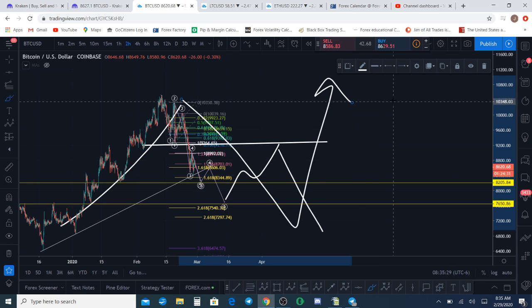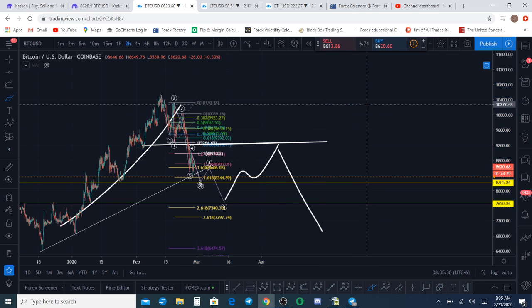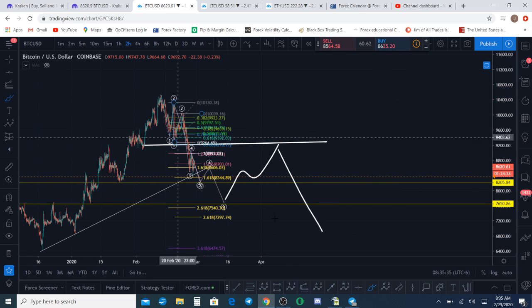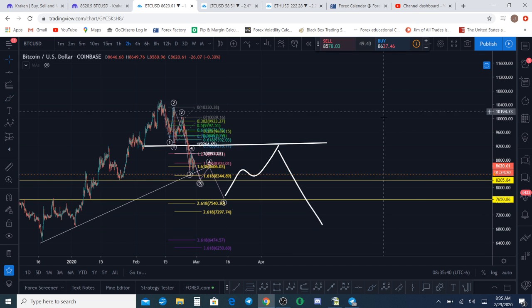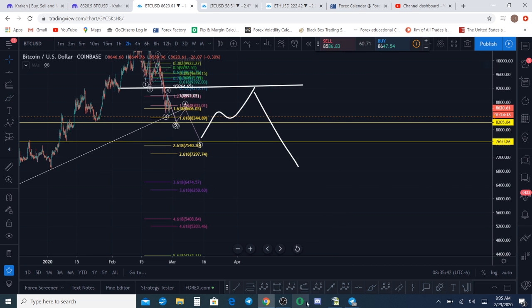It's possible, okay? Or it's possible that this is actually going to continue down. Instead of being an ABC, it'll continue down impulsively, and we're going to hit those lower targets that we've been talking about a while back.